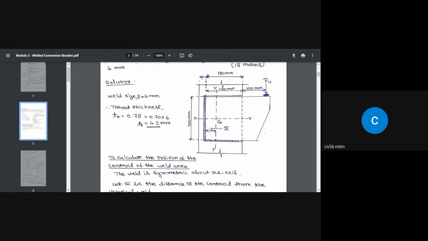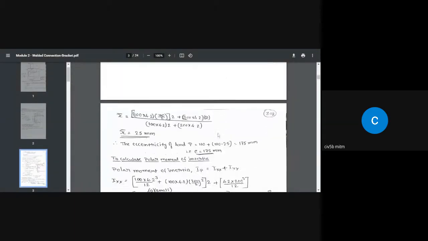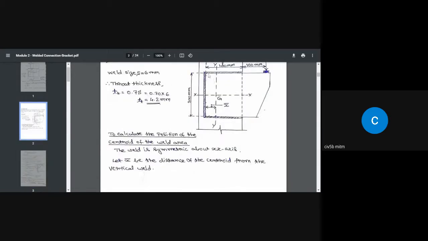When it comes to this, 200 multiplied by the throat thickness of 4.2, multiplied by 0. There is a weld here. You could say 4.2 divided by 2, but the number is so insignificant that we are going to take it as 0.